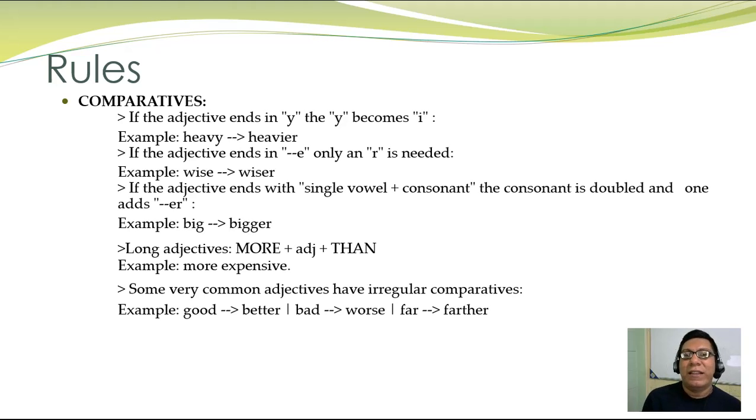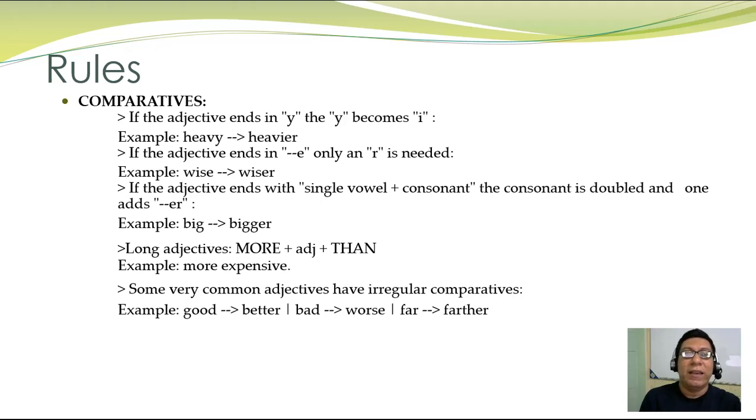When we have long adjectives, or three syllable adjectives or more, we have to add the word more before the adjective. For example, beautiful, because we have three syllables there. So then we have to say more beautiful. Something very important is to remember the word than, because you are comparing.